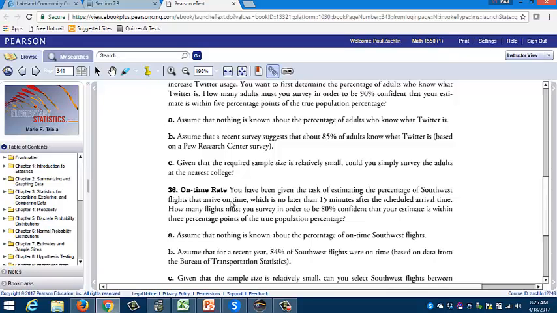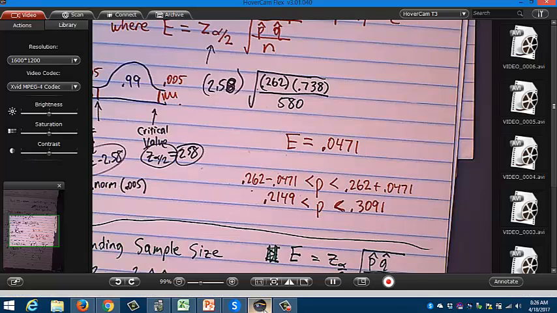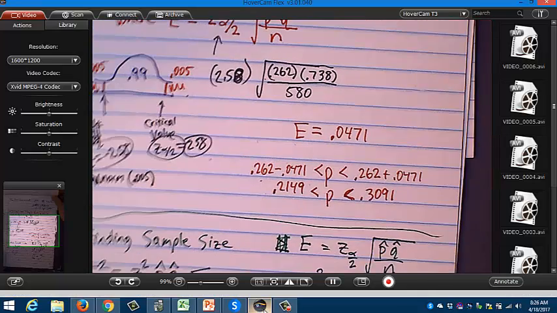I have a question. Looking at the formula, do you know what information they gave me in Part B? It's something from the formula. You got it. Right? P hat is 84%. It says 84% of Southwest flights were on time in a survey. Right? So, if we know that, we can use the formula to do Part B.